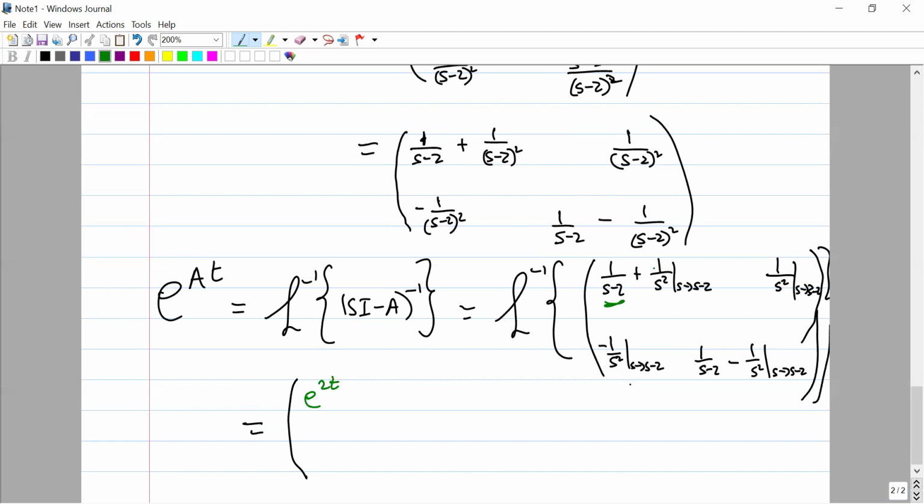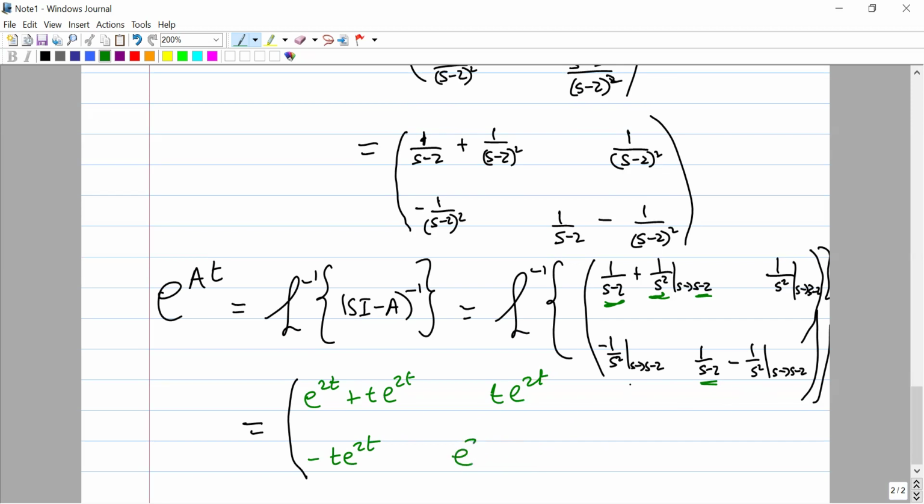And then the inverse Laplace transform of 1 over s squared is t. But because we have this shift, it is then e to the power 2t. And then we also have t e to the power 2t, minus t e to the power 2t. And then here we have e to the power 2t, and then times what? Sorry, t, not t.